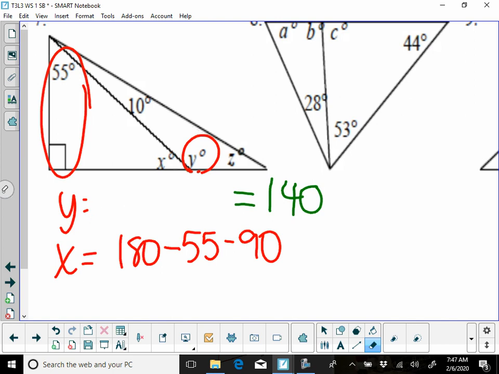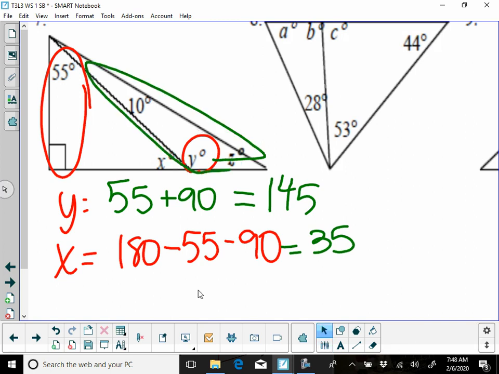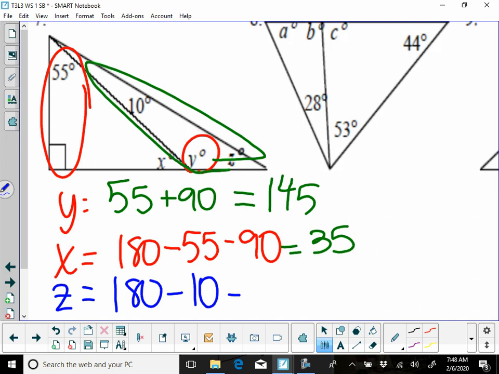I'm sorry, it's not 50. 55 plus 90 is going to be 145. Then 180 minus 55 minus 90 should be 35. So that's x and y. Now, once you have y over on this triangle, z is going to equal 180 minus 10 minus y, which was 145. So that's 170 minus 145, which is 25.